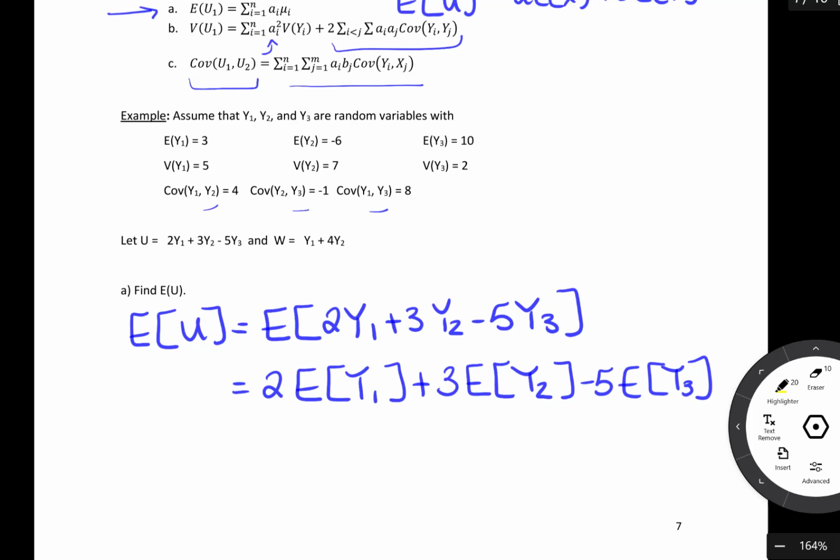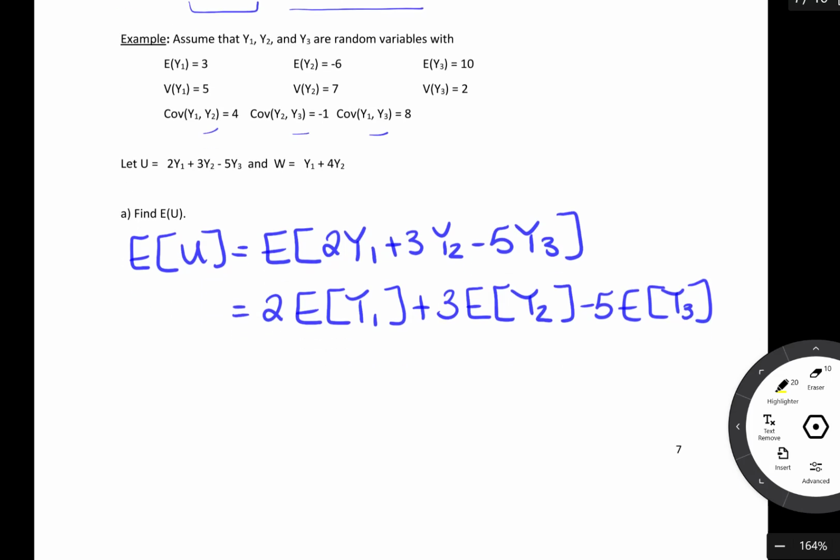And then from here, we're given what these different expected values equal. So we have the following. And this gives us negative 62.